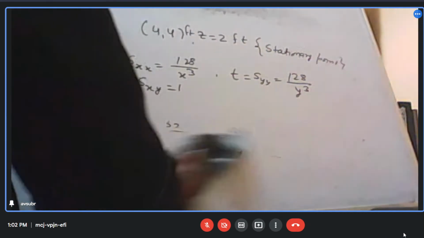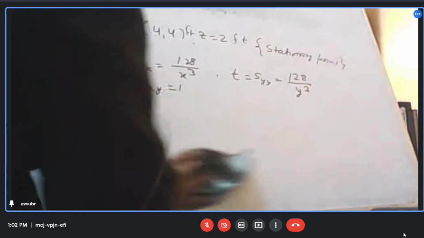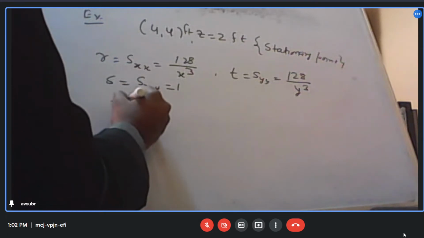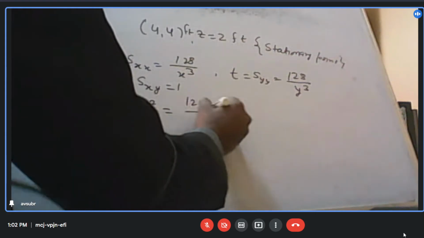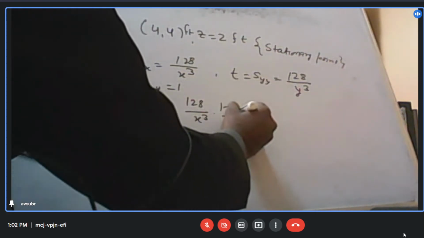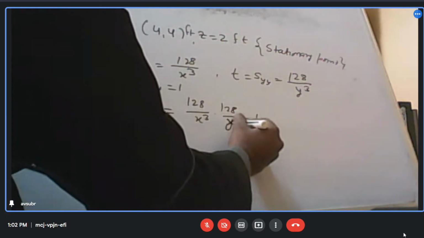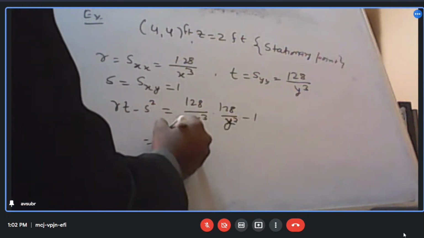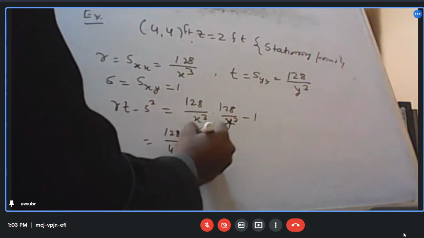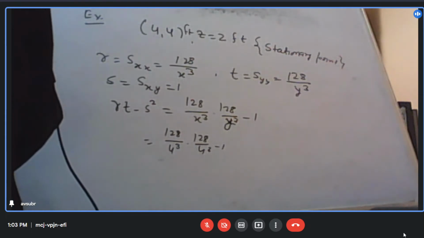Once I have got this, the next thing is RT minus S square. So that will be 128 by x cube into 128 by y cube minus 1. Now x is 4, y is 4. So 128 by 4 cube into 128 by 4 cube minus 1. Obviously, this is greater than 0.